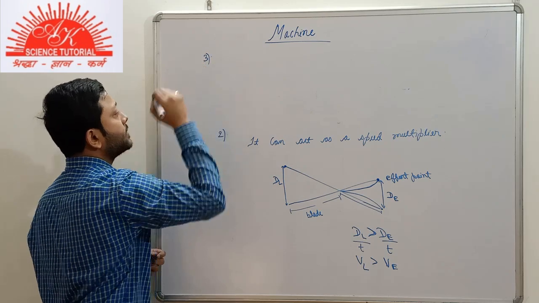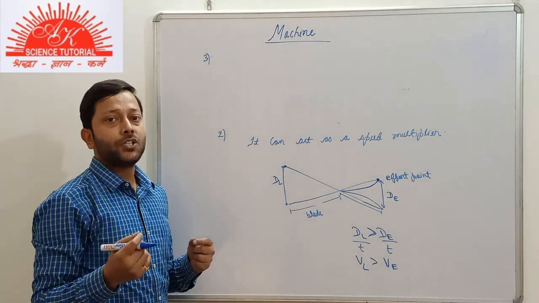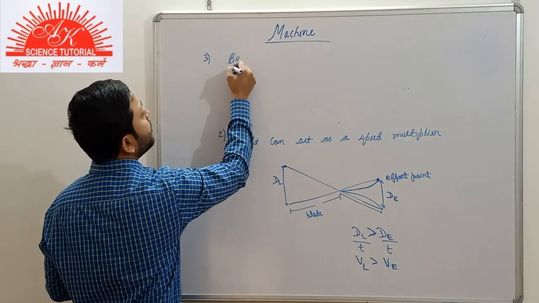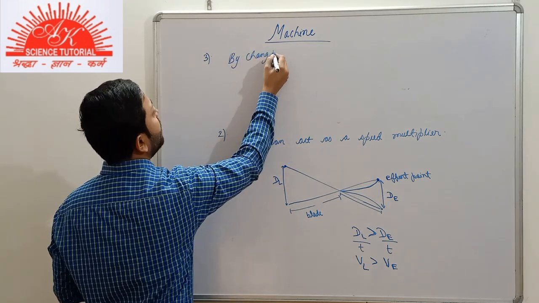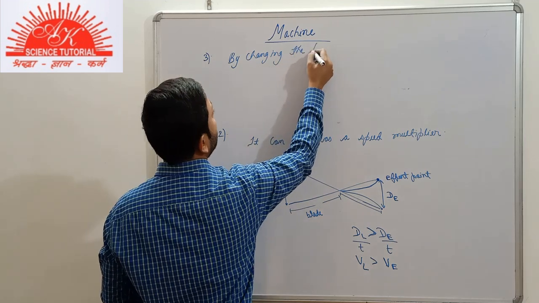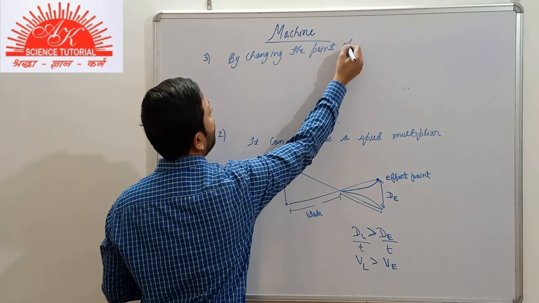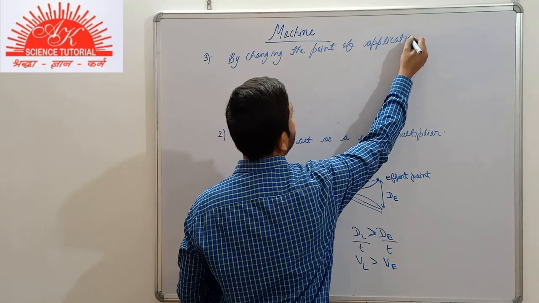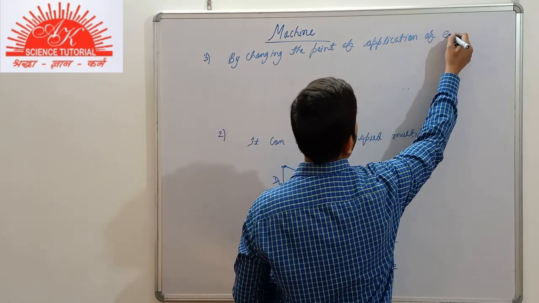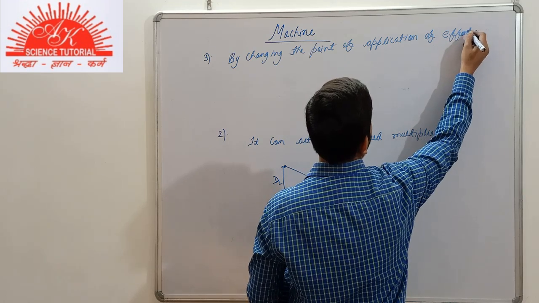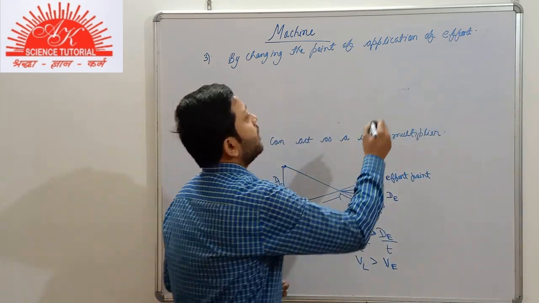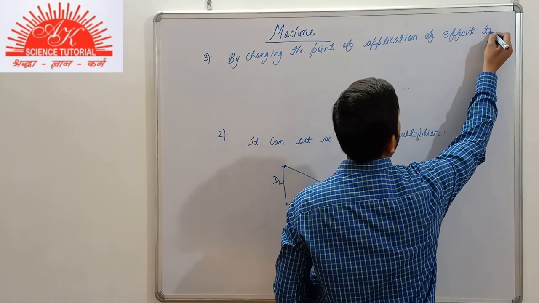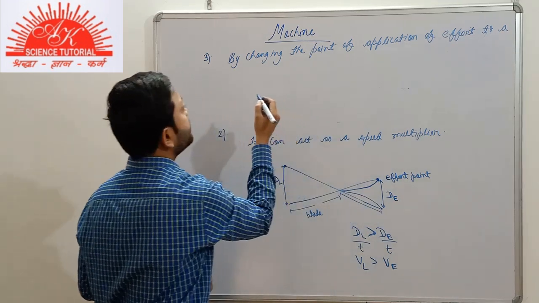The third way in which a machine can make our work simpler is by changing the point of application of effort to a convenient point.